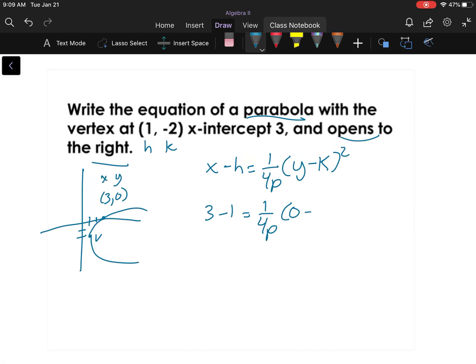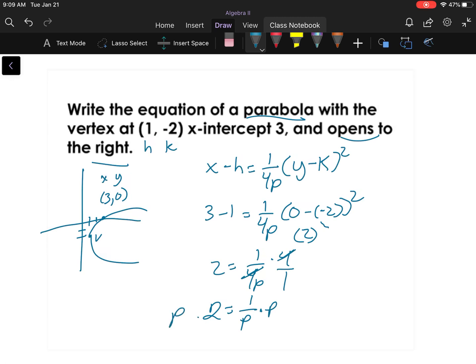Okay, that comes from that ordered pair. Just doing a little substitution. Double negative, minus a -2, so it's going to be plus 2, and then we square it. So I'm going to have 2 equals 1 over 4p, and that's going to turn into 2 squared, so 4. Now in this case, I'm going to go ahead and simplify the fraction right away. Those 4s are going to cancel out. So I've got 2 is equal to 1 over p.